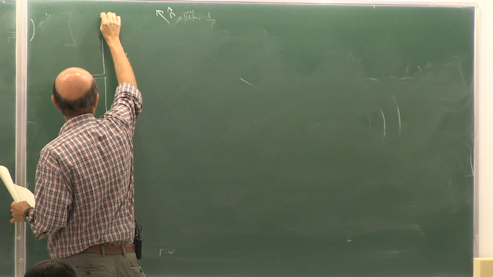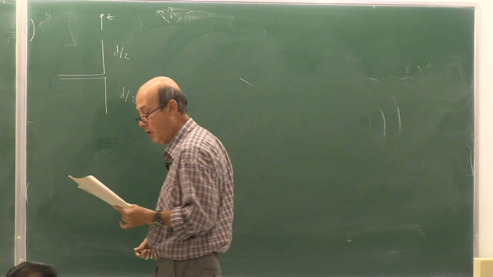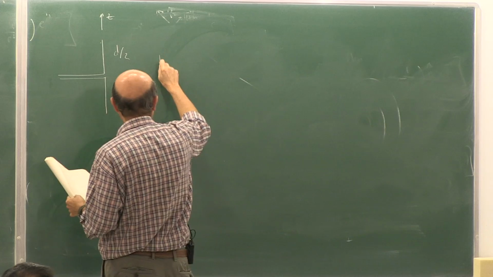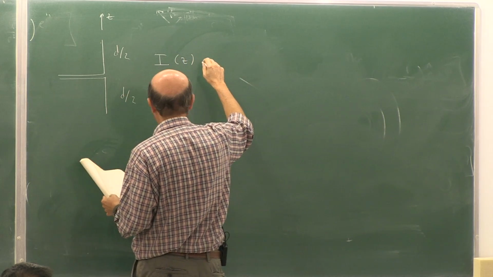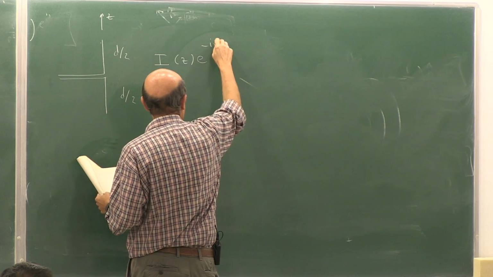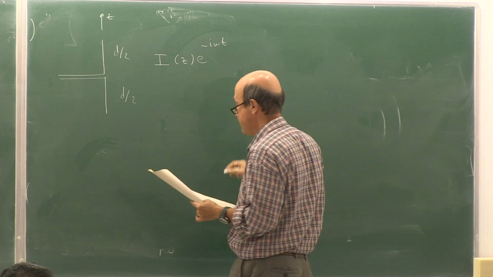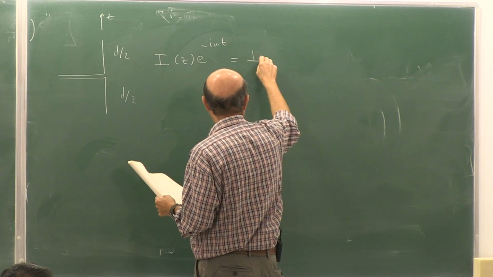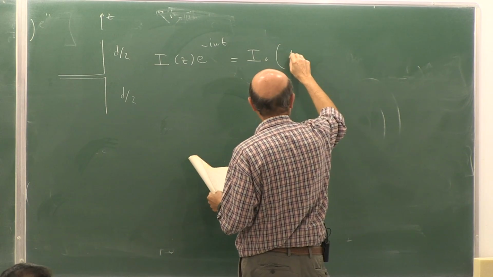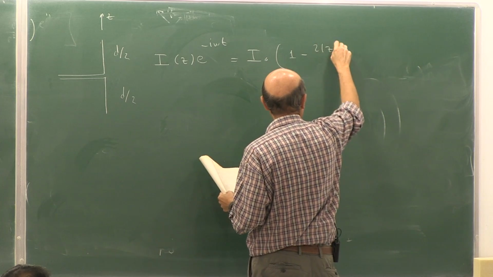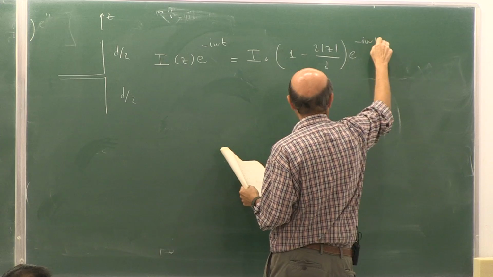This is the z-axis. So you have some oscillating current along z. It oscillates at a single frequency, and the space part is 1 minus 2 |z| over d, oscillating as e to the minus i omega t.